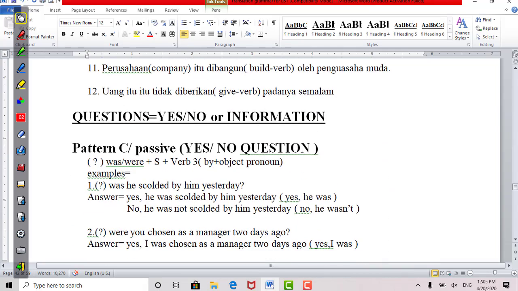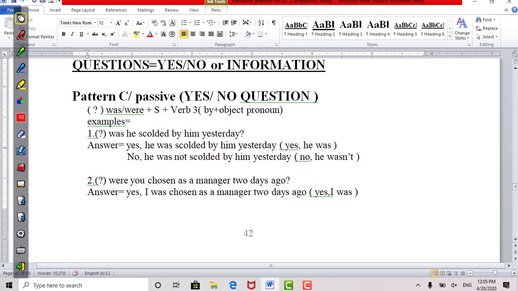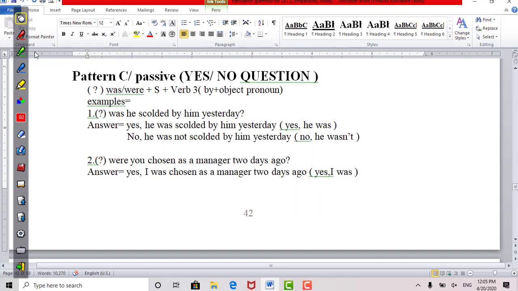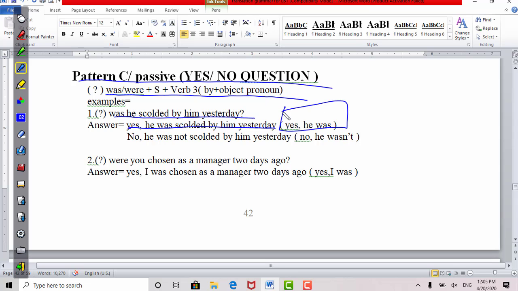Alright, and remember when you have pattern C, yes or no question, when you have the question by using passive and by using was, were, plus subject, plus verb 3, by object pronoun, the answer will be yes or no. For example here, was he scolded by him yesterday? Yes, he was scolded by him yesterday. Or you can answer, yes, he was. Or you can answer, no, he was not scolded by him yesterday.